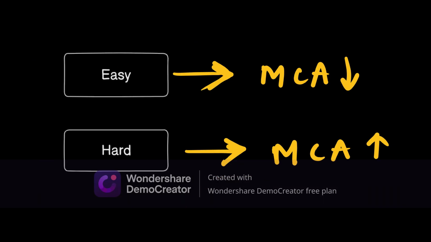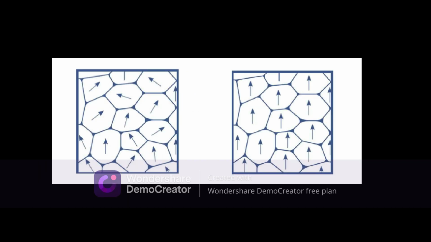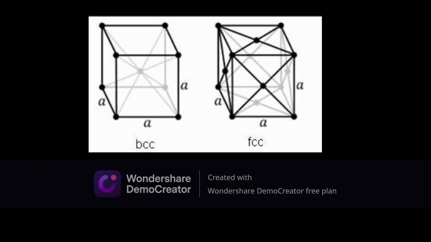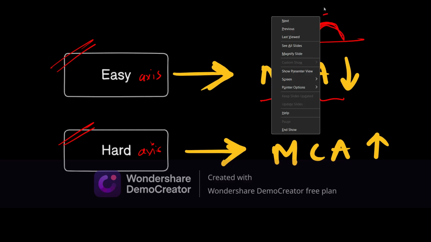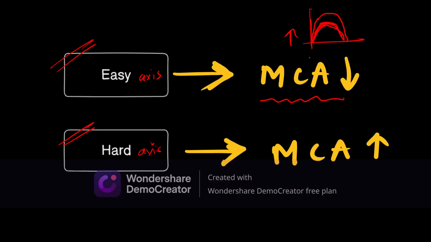Further, there are two axes in a crystal, for example, BCC and FCC. In all crystals, there are two axes. The first one is the easy axis, the second one is the hard axis. Along the easy axis, MCA is very less, so your barrier is very less. But in the case of the hard axis, it is very high, so you have to give a lot of energy.